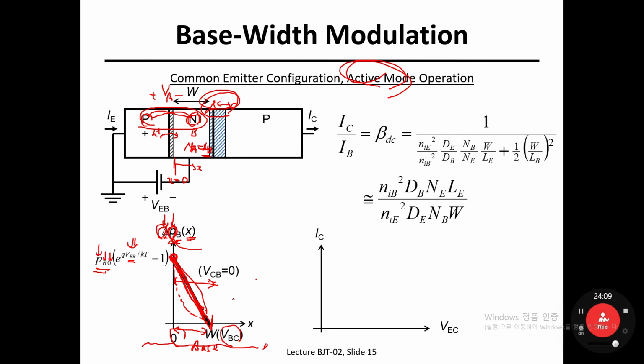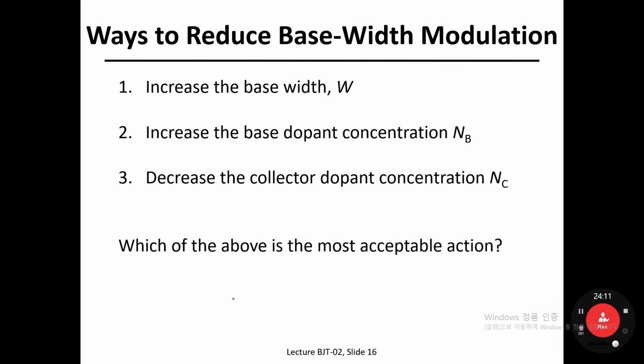All right. Now, since we have learned how to understand base width modulation, it's a good moment for us to come up with new ideas on how to suppress base width modulation, which is bad news for designing a BJT-based amplifier.